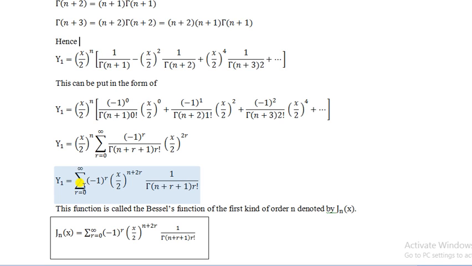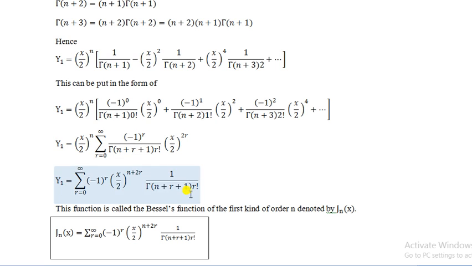In this formula, if you substitute r equal to 0, we get the first term, r equal to 1 the second term, r equal to 2 the third term, r equal to 3 the fourth term, and r equal to r gives this general formula.